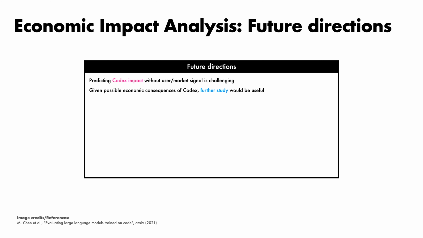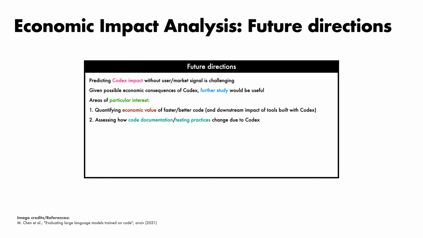However, given the possible economic consequences of Codex, further study would be highly useful. Some areas highlighted that would be of particular interest include, first, quantifying the economic value associated with the production of faster or better code, a task that would involve tracing downstream impact of tools building on Codex.